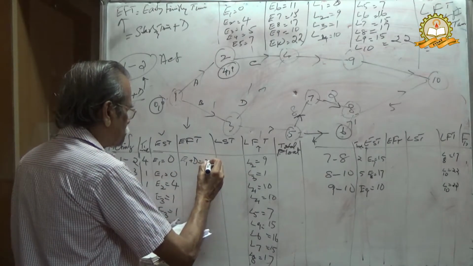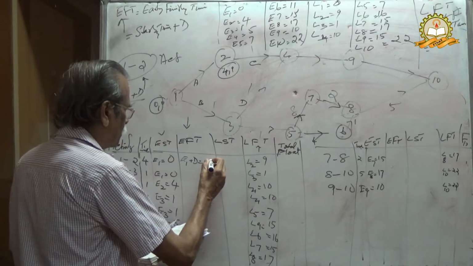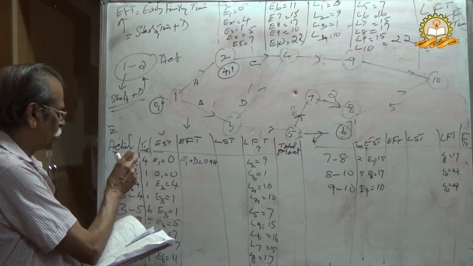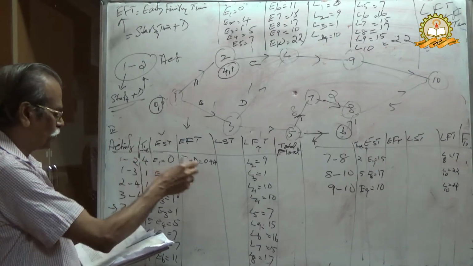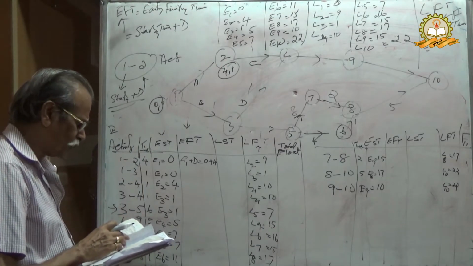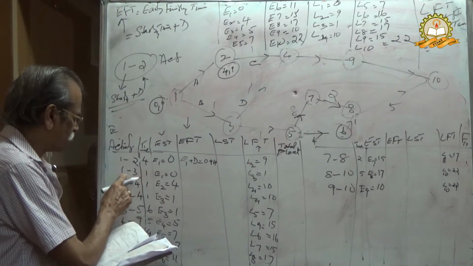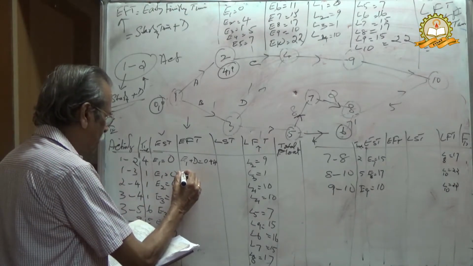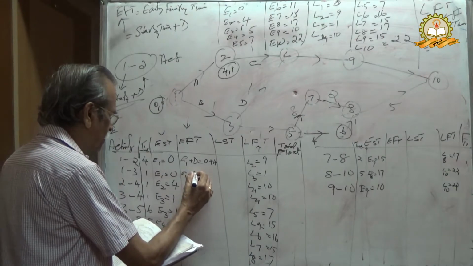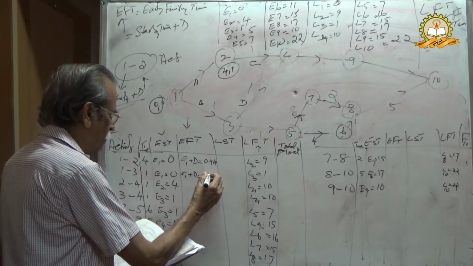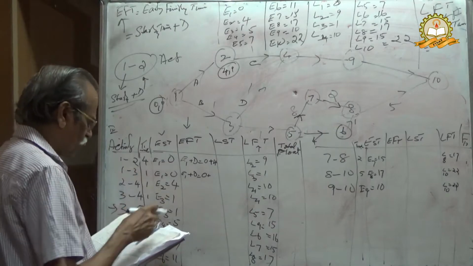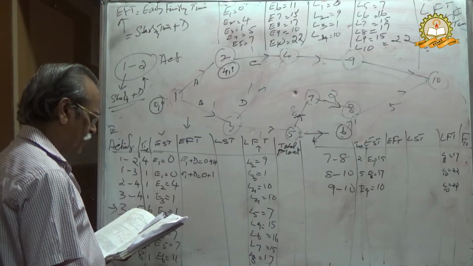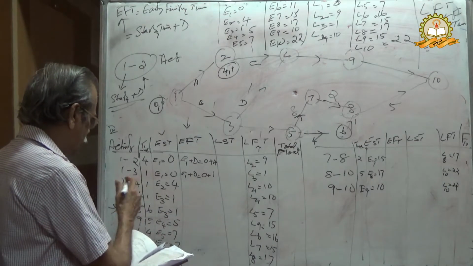Therefore 0 plus 4. Starting point plus duration of activity 1 to 2 is 4. Then for 1 to 3, starting point E1 is 0 plus duration 1.